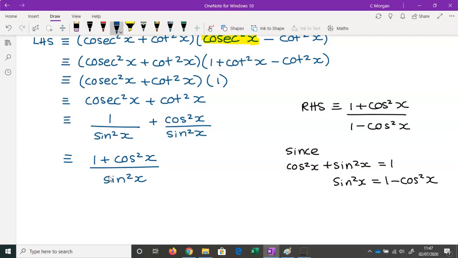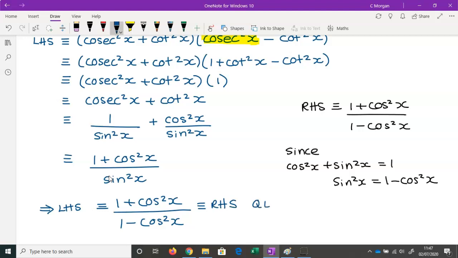That implies, therefore, that the left-hand side can now be written as 1 add cos squared x over 1 minus cos squared x, which is exactly the same as the right-hand side. I've proved it. QED, boom. I'm very happy about that. And then you get that great feeling that's associated with that buzz of being able to prove something's true.